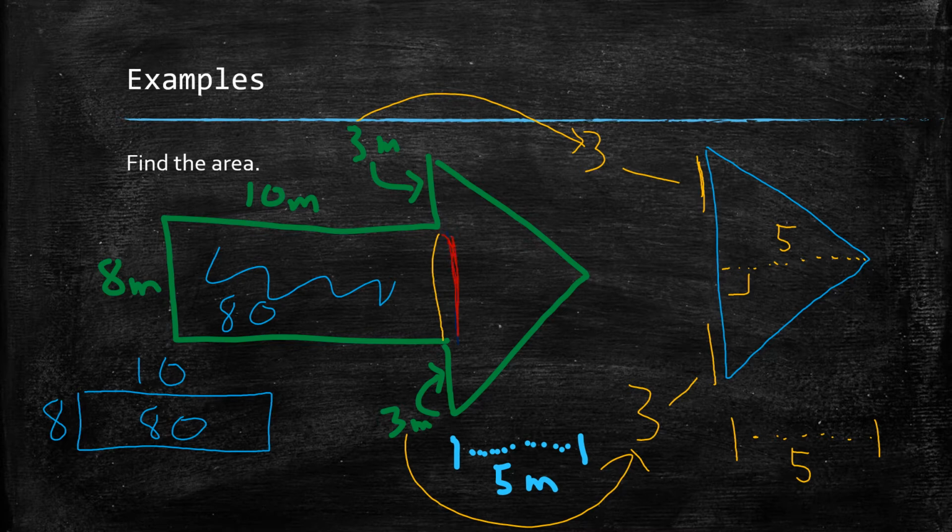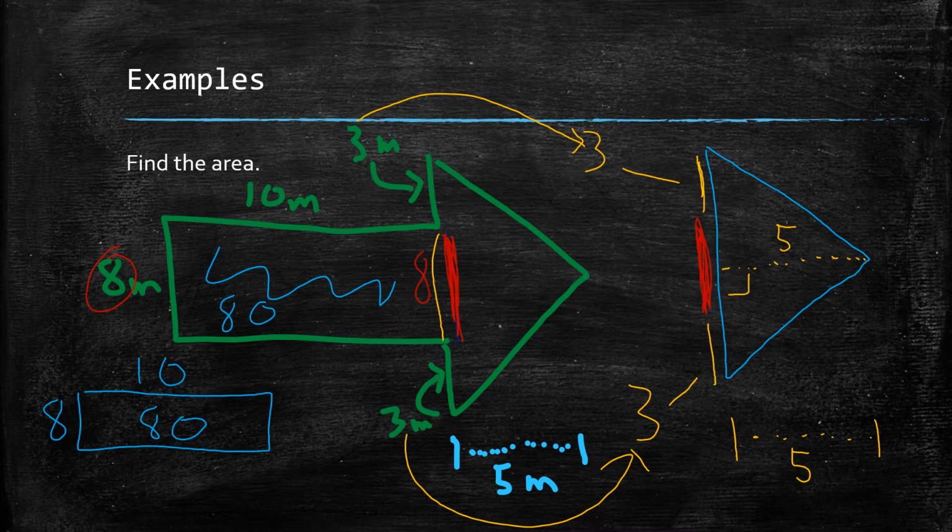This line right here, that was that part of the rectangle, is going to be right here. We still have to have a number for this part of the line. If you look at your rectangle, opposite sides are always the same length. So this distance right here is going to be 8.